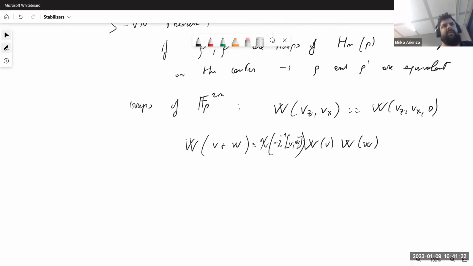Another thing is that these irreps naturally factorize.